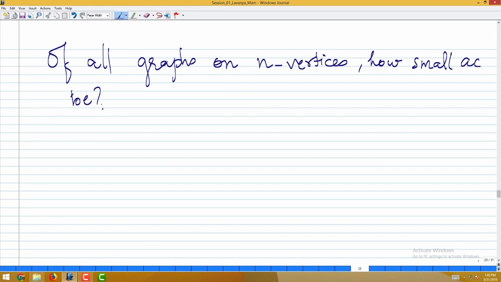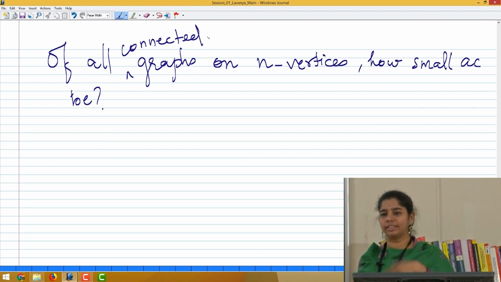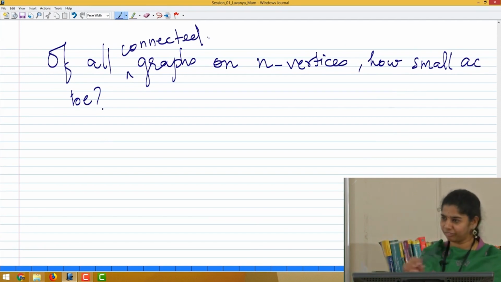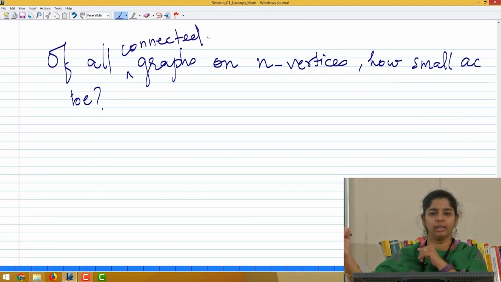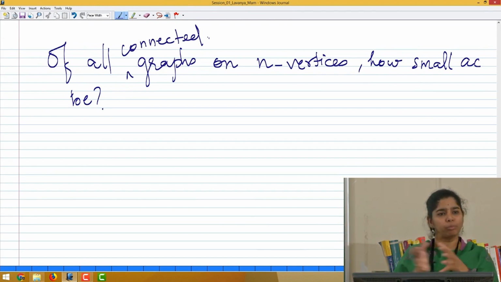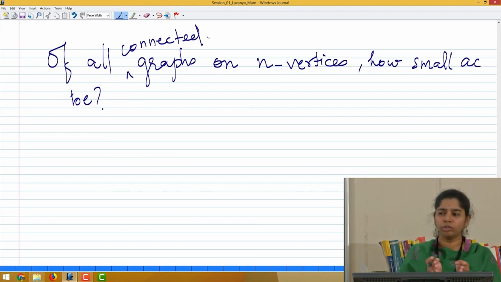Of course, it is not 0. We will worry about only connected graphs, because for disconnected we have 0, so forget about that. So, of all the connected graphs, how small can my value go? I can see n minus 2 if it is not complete, but how close could it come to 0?